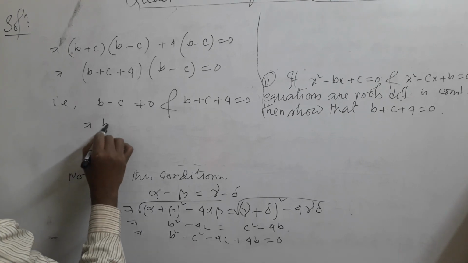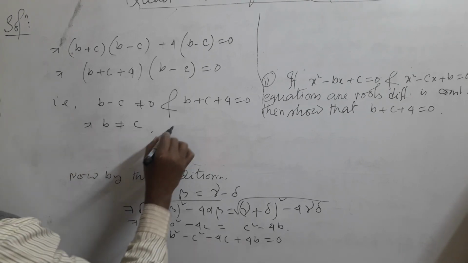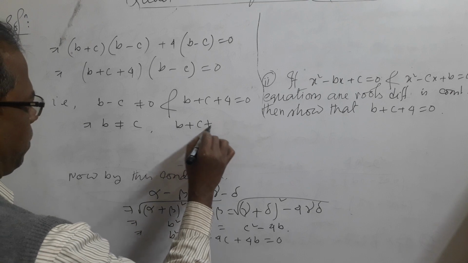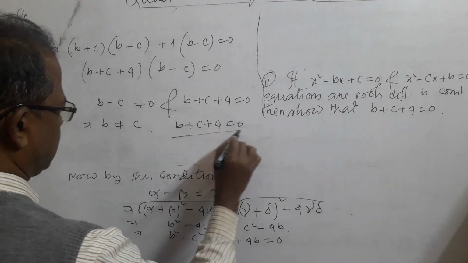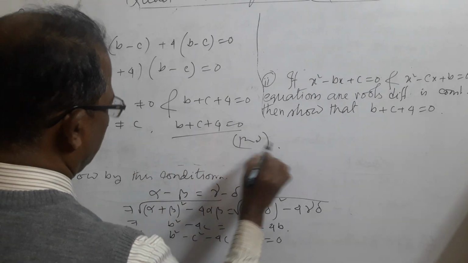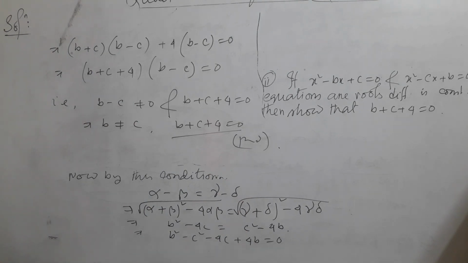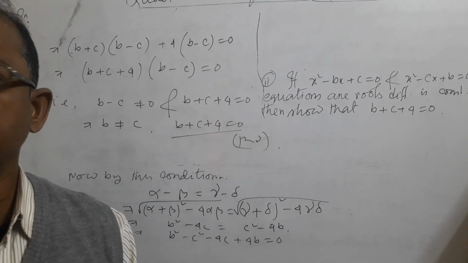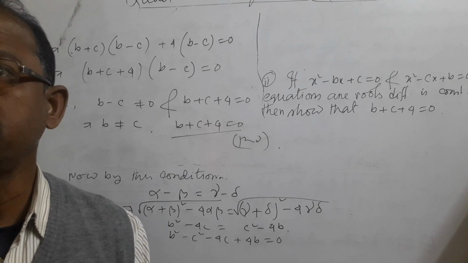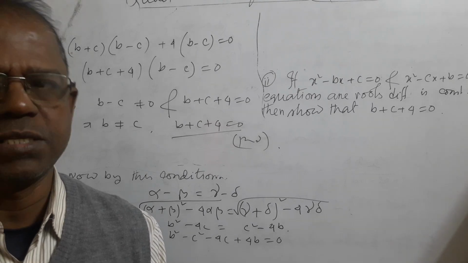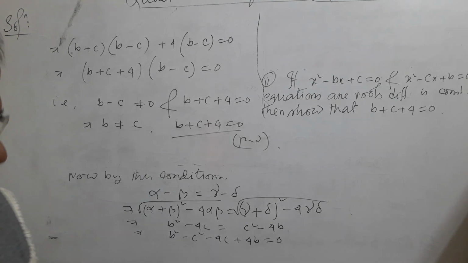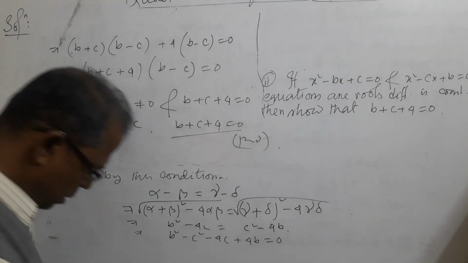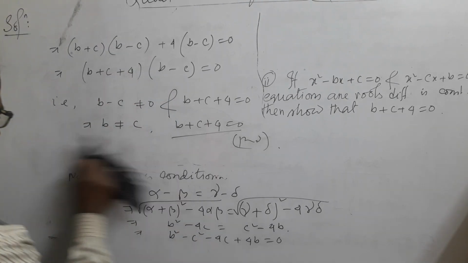So b is not c, and b plus c plus 4 equal 0 is the result. It's important, but you have to clear this process and observe the question. Then obviously you will collect full marks.